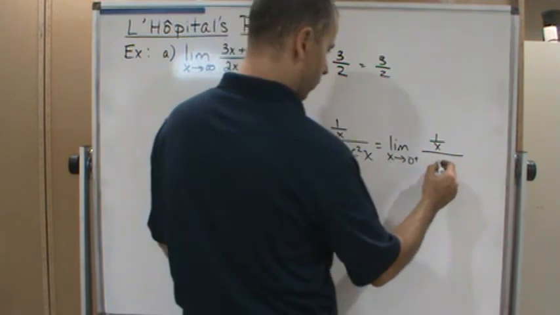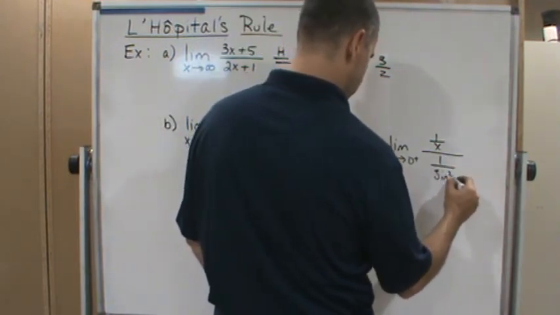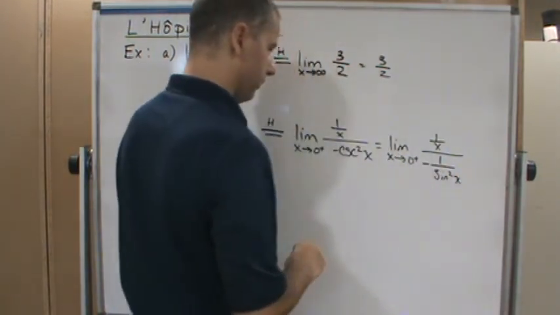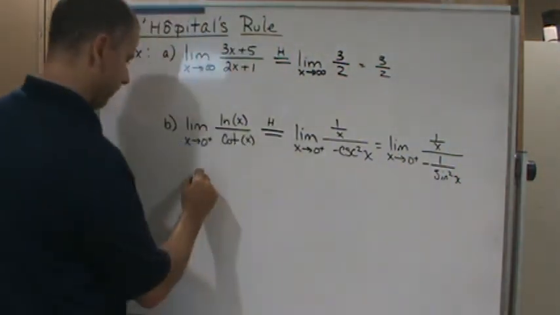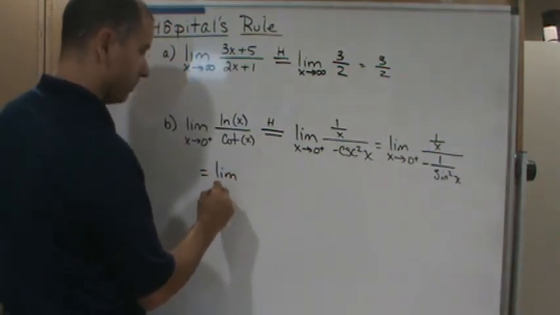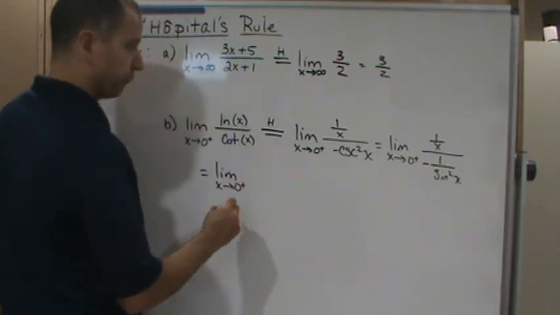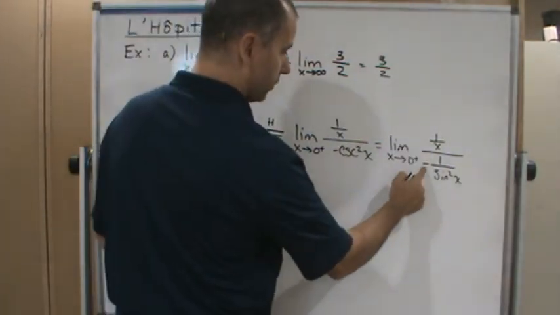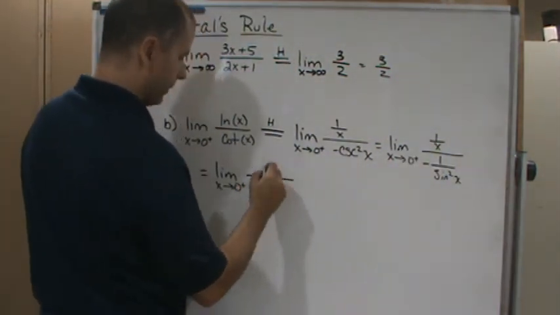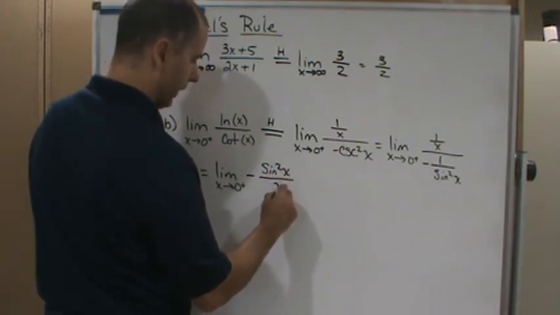And so this I'm going to write as 1 over sine squared x, and so this is negative. And then this is going to equal the limit as x approaches 0 from the right. Now, since these are both reciprocals, I'm going to write this as negative of what? Sine squared x over x.